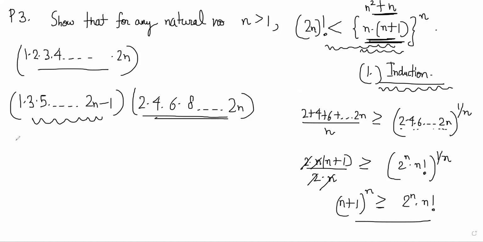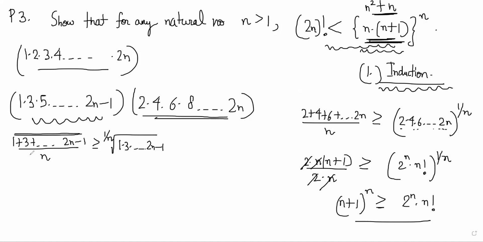We'll just first apply it. 1 plus 3 plus till 2n minus 1 divided by n is greater than equal to 1 into 3 into till 2n minus 1 root 1 by n. So this is the sum of first n odd numbers, right? So that is equal to n square, right?